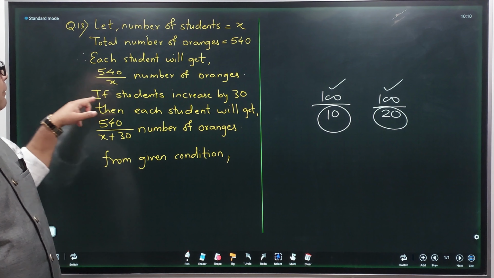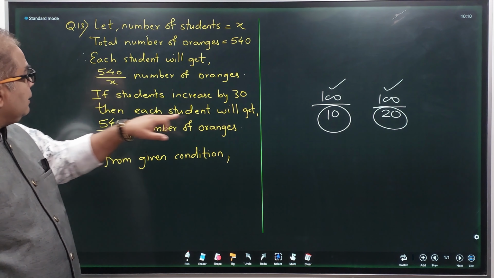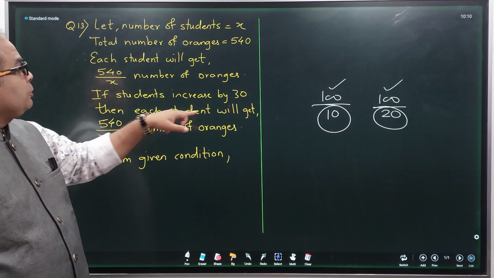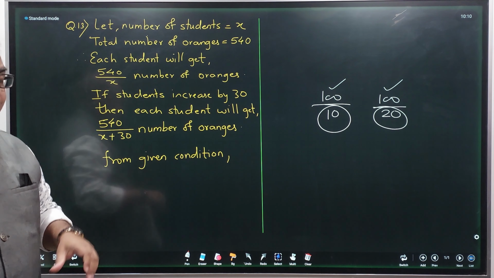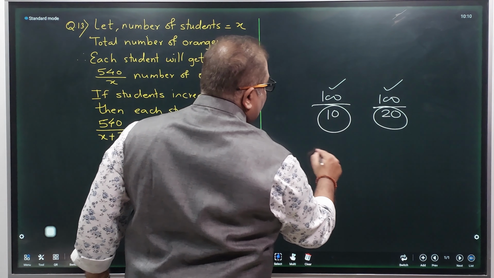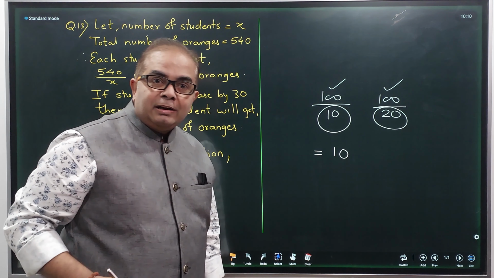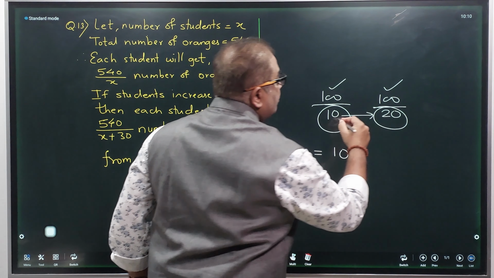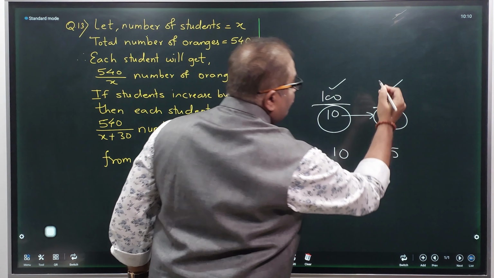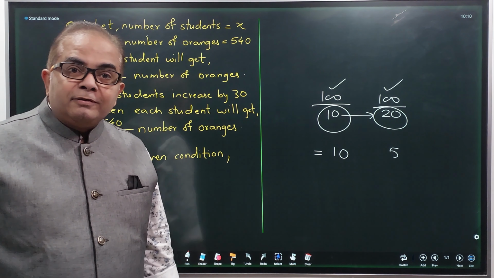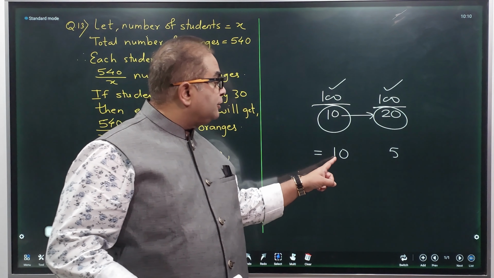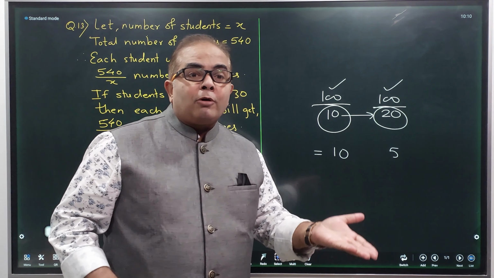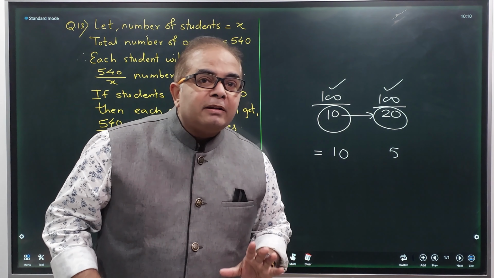Next, if the students increase by 30, then each student will get how many oranges? Here the students are 10, so we were getting 10 oranges. Here number of students increase from 10 to 20, we get now 5 oranges per student. That means if the number of students is increasing, the number of oranges each will get will decrease, right?